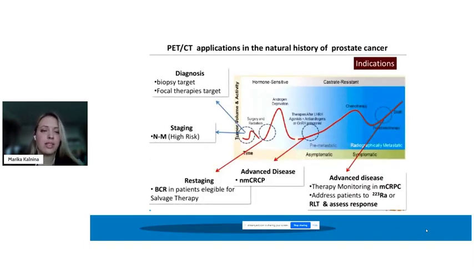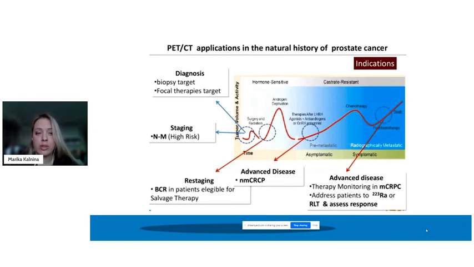When to use PET-CT in the natural history of prostate cancer? As you can see, at very different points. At the beginning, for diagnosis, to target biopsy or focal therapy. Also for staging, mostly for high-risk patients for NM staging, and for restaging of biochemical prostate cancer recurrence in patients eligible for salvage therapy.